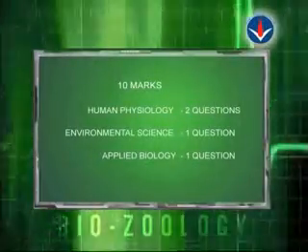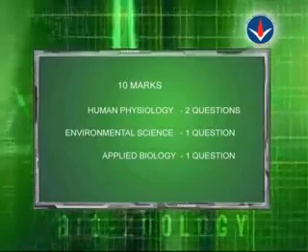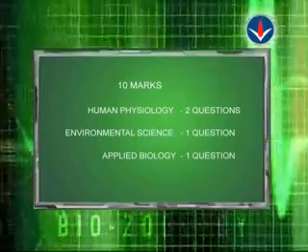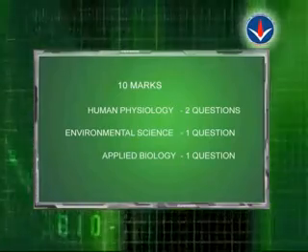According to the blueprint, two 10-marks questions are taken from human physiology, the third 10-marks question from environmental science, and the fourth 10-marks question from applied biology.